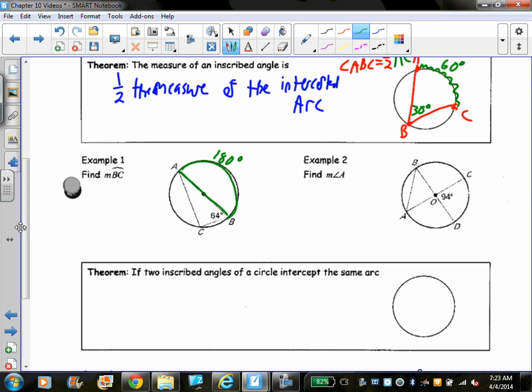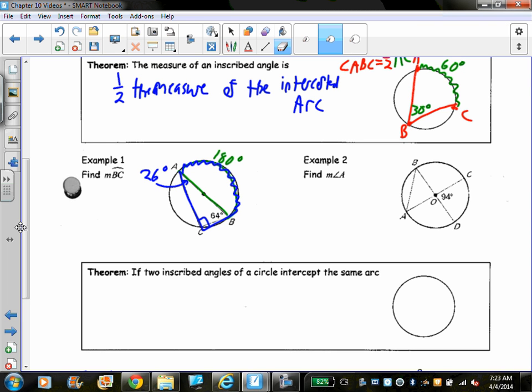Now, if that's 180 degrees, what I want you to notice is that ACB is an inscribed angle that has an intercepted arc of this 180 degrees. What that means is that ACB has to be half of 180 degrees, which means that C is a right angle, 90 degrees big. So, if we want to find the measure of angle A, we just do 180 minus 90, which is 90, minus 64, which gives us 26. That's that angle right there.